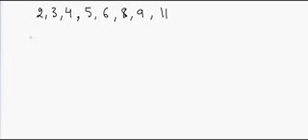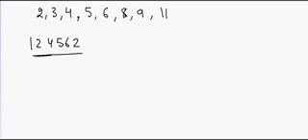Let me begin with an example. Suppose I have the number 1, 2, 4, 5, 6, 2 and want to find out whether this number is divisible by 2. For this test it is very easy.